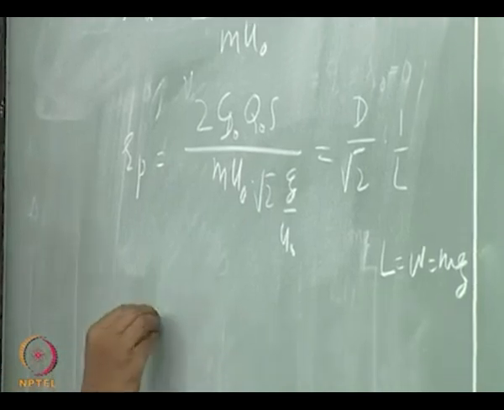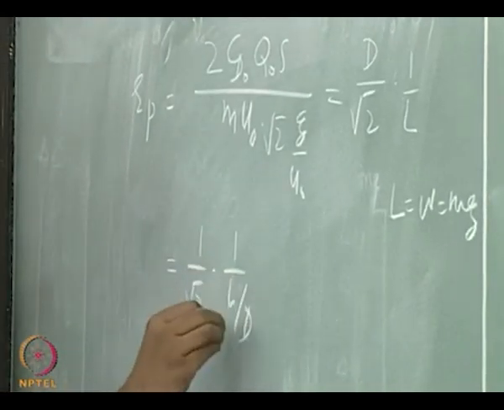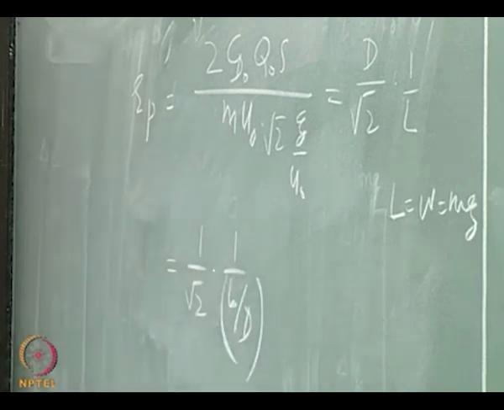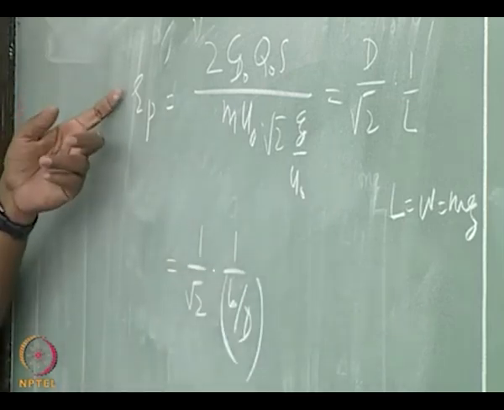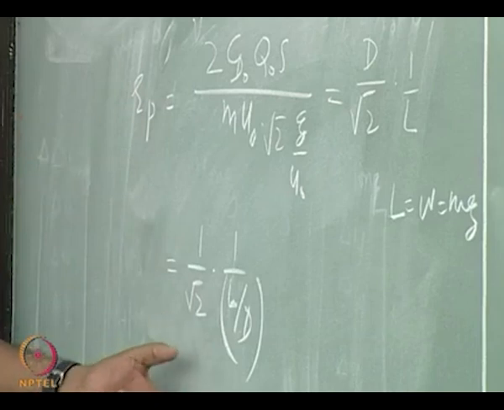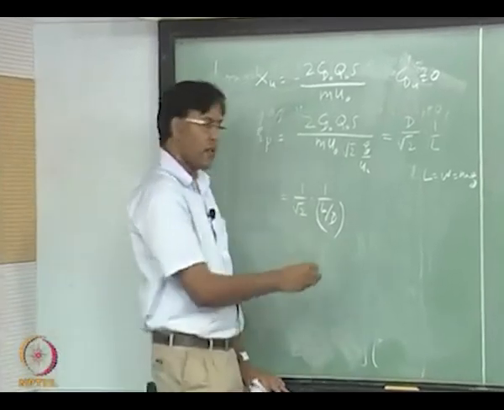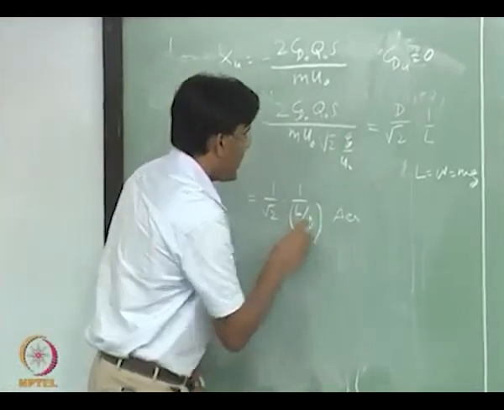So, what you see is the damping in Phugoid is inversely proportional to L over D. What is L over D? Lift over drag, right?